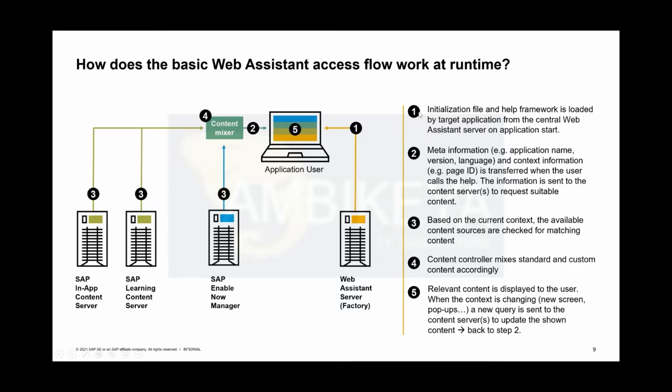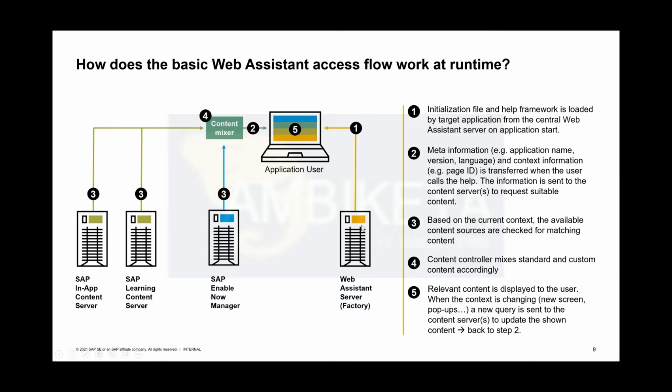As I mentioned earlier, the first step that happens is the initialization file, the famous init file, we're going to talk a lot about that thing today. It is provided by the target, and the help framework is loaded by the target application from that central web server within the browser of the end user. So that's the first thing that happens.